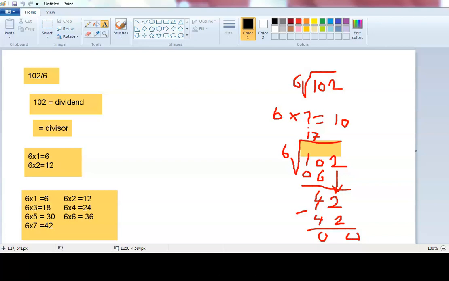Now that means our dividend is 102. The divisor is 6, and the quotient is 17.